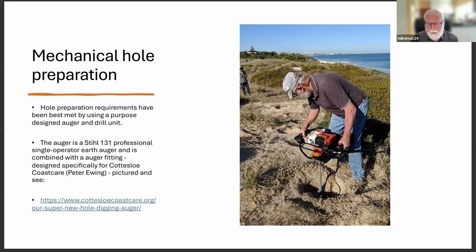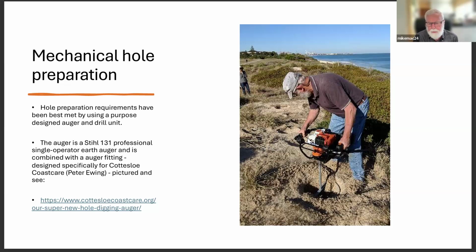We've spent quite a lot of time designing the auger head. We have an engineer in our group who's spent a lot of time and effort thinking about how it should be. We started using the auger about 4 years ago, and we've refined the system now to the point where it's working very well.